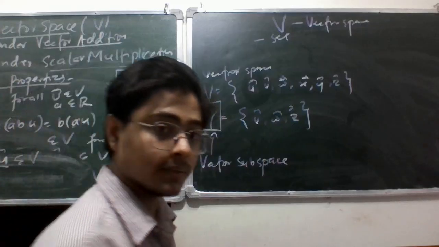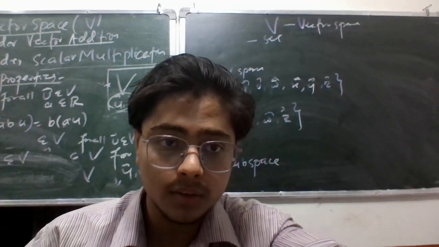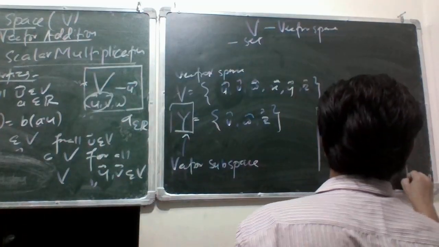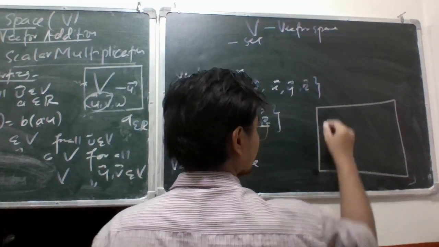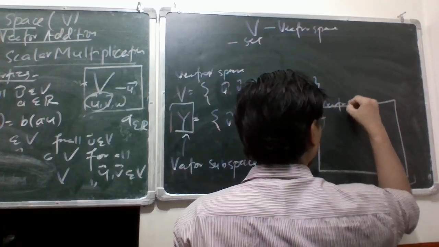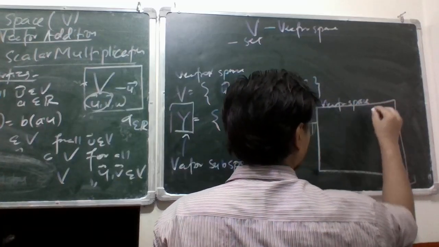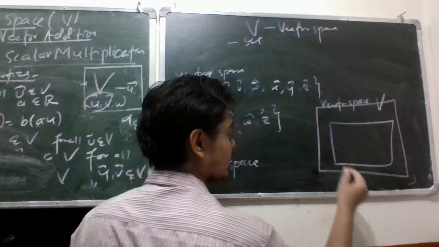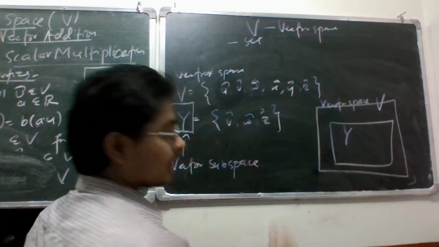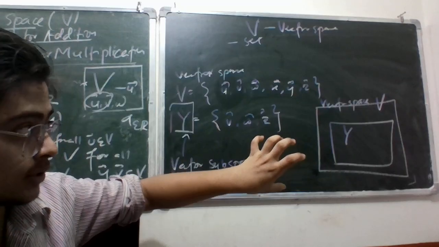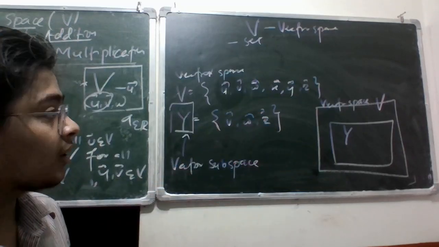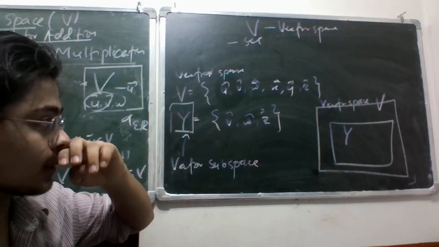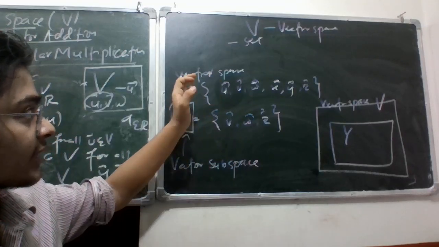So you can think of it as the following diagram. Let's suppose this to be a vector space, V. Then you can think of the vector subspace as a box of lesser dimensions in the space. So this is a visual representation of a vector subspace.